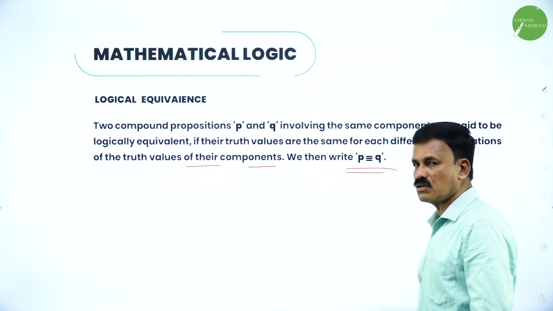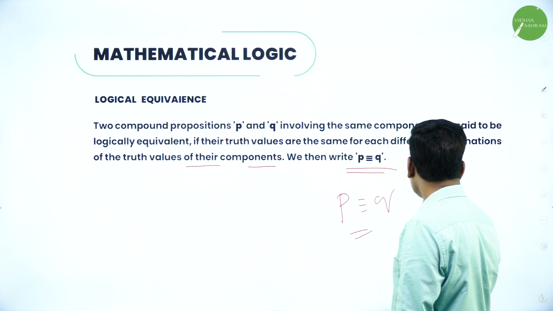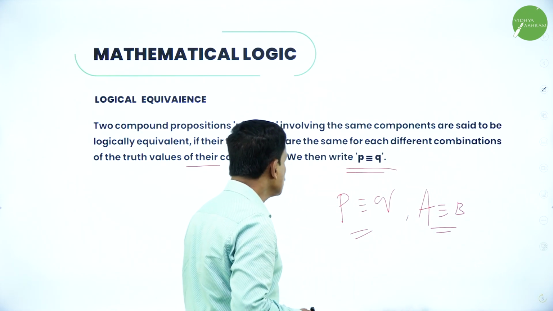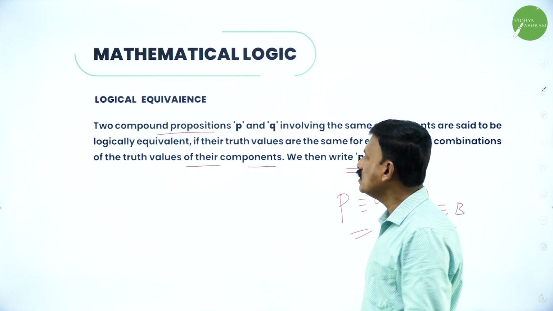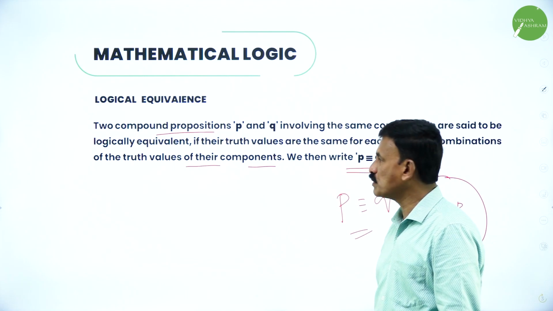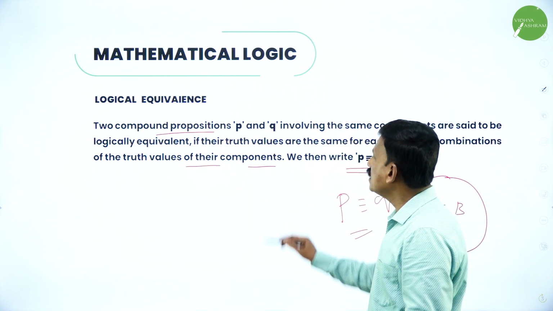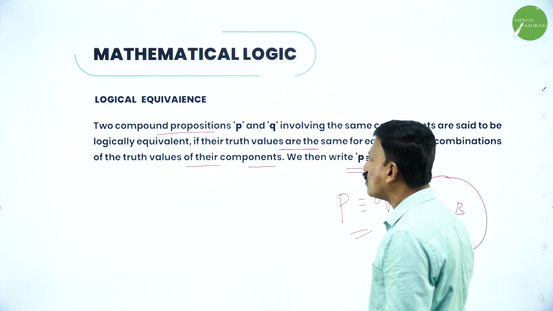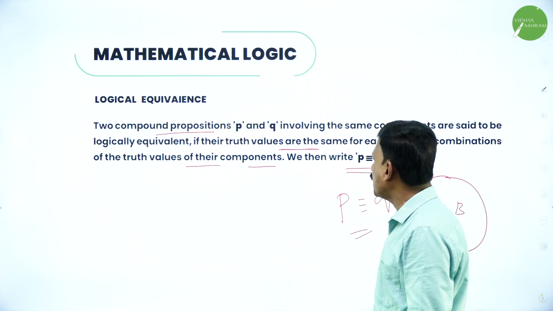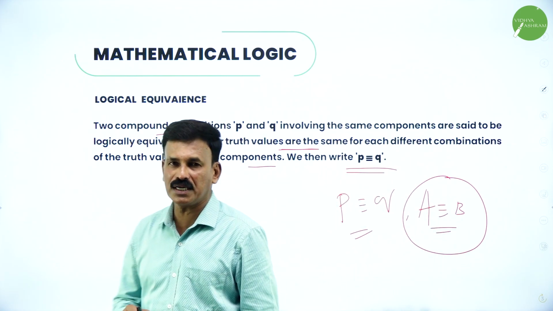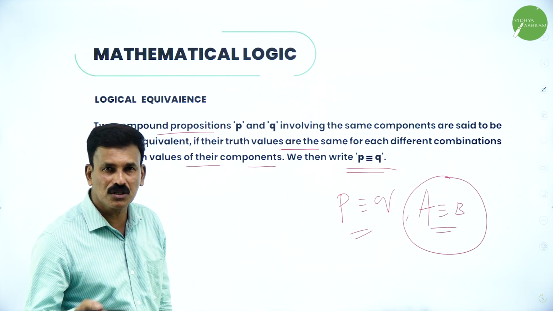We represent this as P is logically equivalent to Q, that is, A is logically equivalent to B. This is symbolically denoted as P ≡ Q or A ≡ B, right?